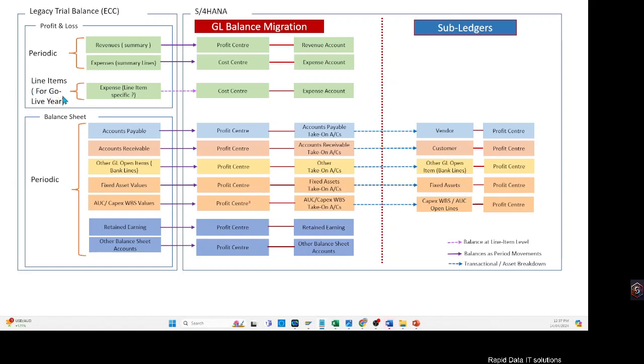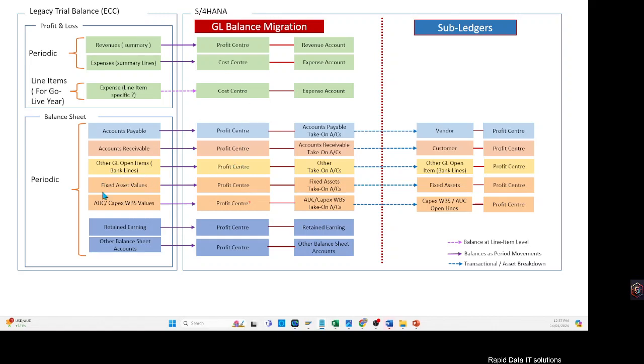So this is the one I'm talking about, and if there are any specific requirements like that could be accommodated, but that would probably have a lot of line items, and that can have a lot of challenges in terms of migration activity and scope. So therefore, it's not recommended. So the general practice is to have the migration of the balances for the periodic movements.